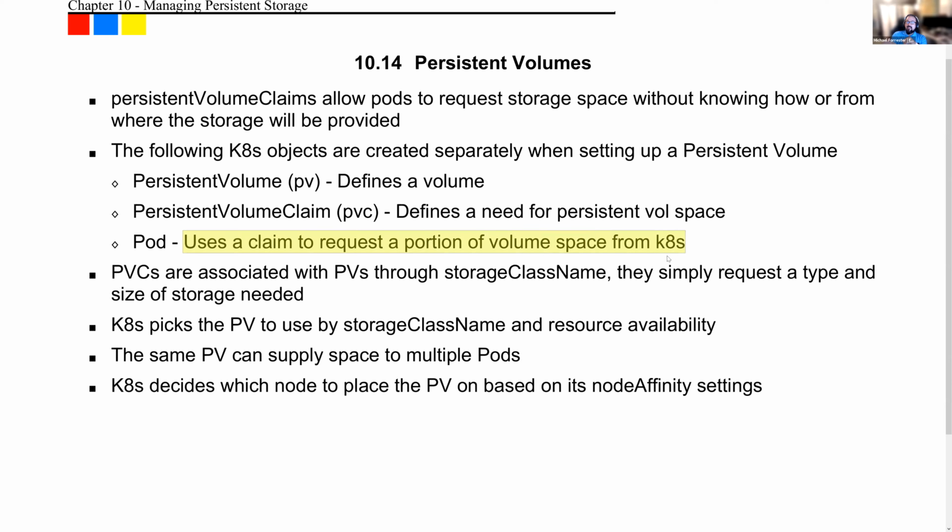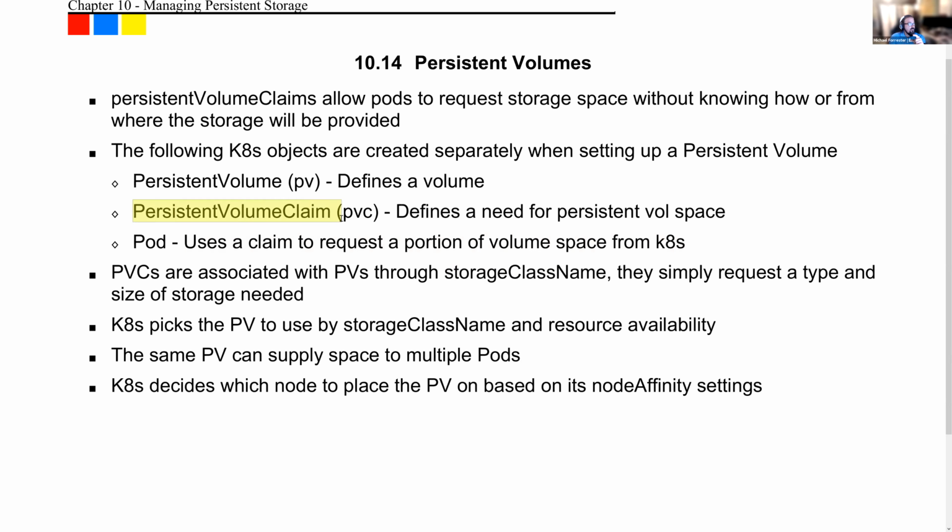So it says, here's my ticket. I want a 2 gig disk. If the disk is pre-created, Kubernetes will just give it to you. If the disk isn't pre-created, what will happen is that the claim will go to the storage class. So see the storage class right here? Because when you make the claim, you say, look, I want NFS storage.